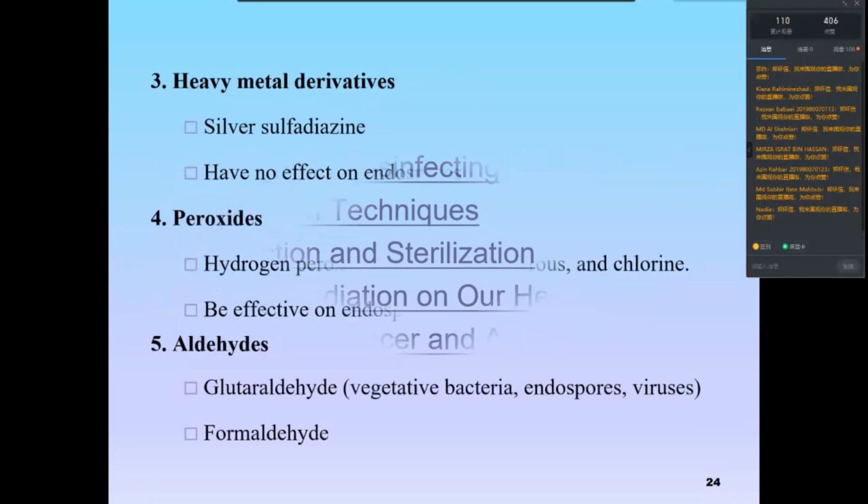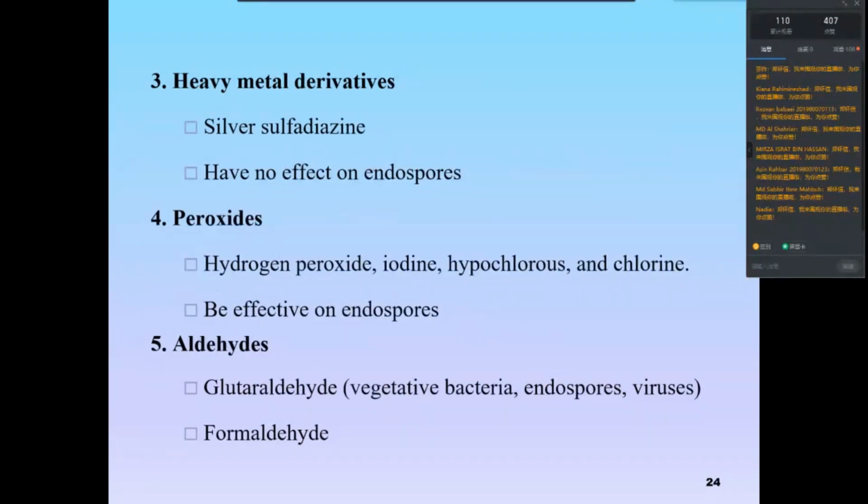So these are the different types of chemicals we can use to perform sterilization and disinfection. So basically, that's what we'll cover today on this topic.